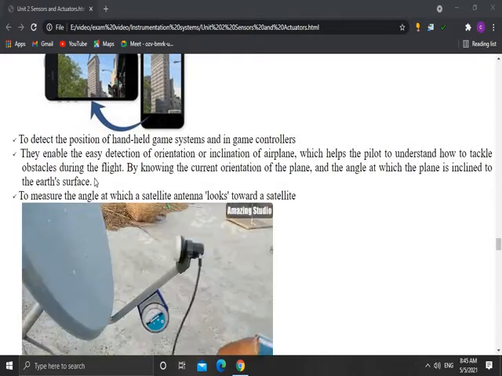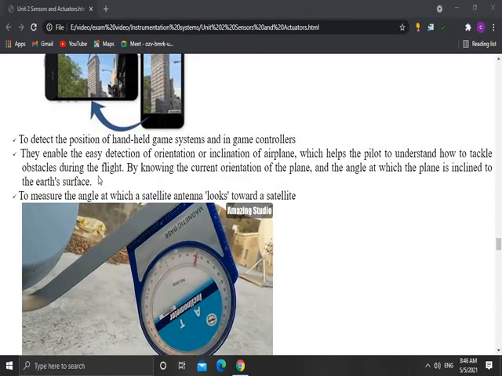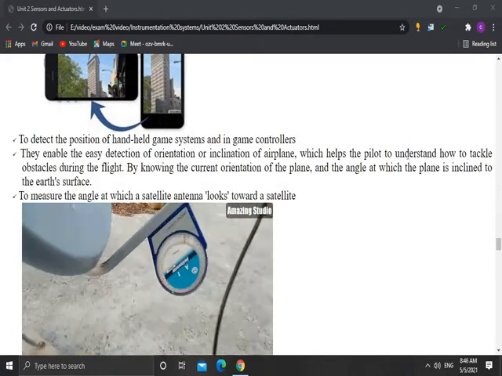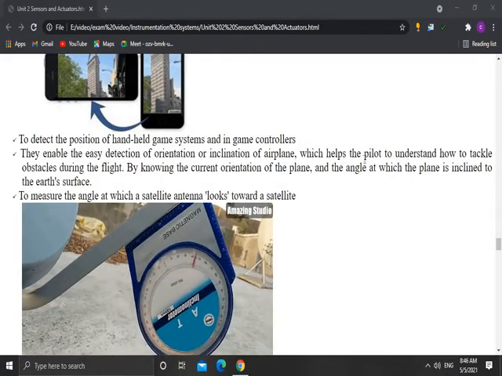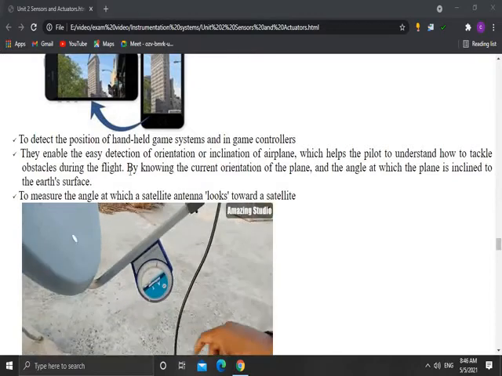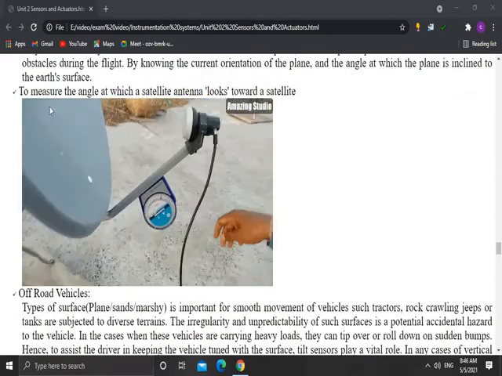See, in an aeroplane, a tilt sensor is installed to help the pilot to understand the angle of rotation.